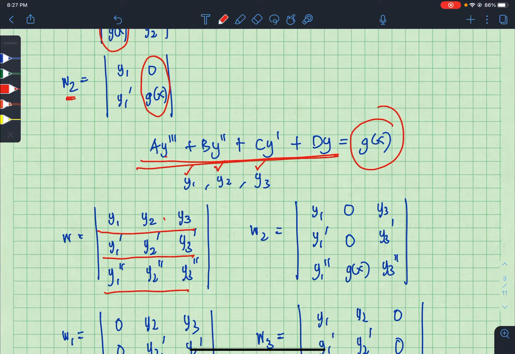It is possible that x e raised to x would be y sub 1, and e raised to x would be y sub 2. However, if you're going to do that, make sure that if x e raised to x becomes y sub 1, that is the one you're going to substitute in this y sub 1.